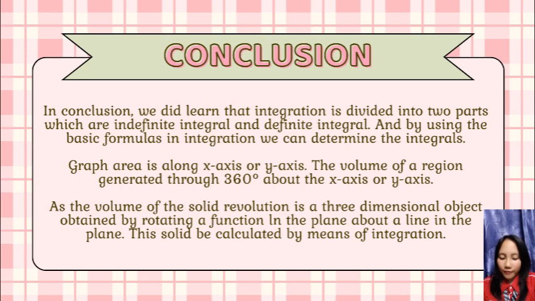The volume of the solid of revolution is a three-dimensional object obtained by rotating a function in the plane about a line in the plane, and this solid can be calculated by means of integration.